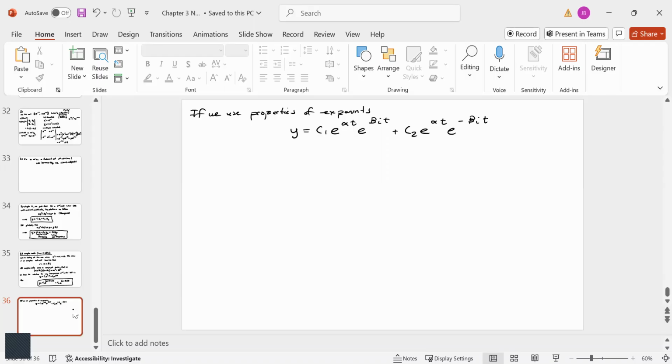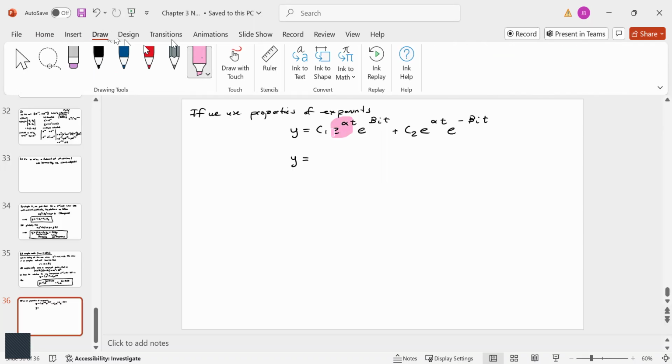And we also notice that they both share the same term, e to the alpha t, which means, well, I could just factor that out. And I end up getting something like this.